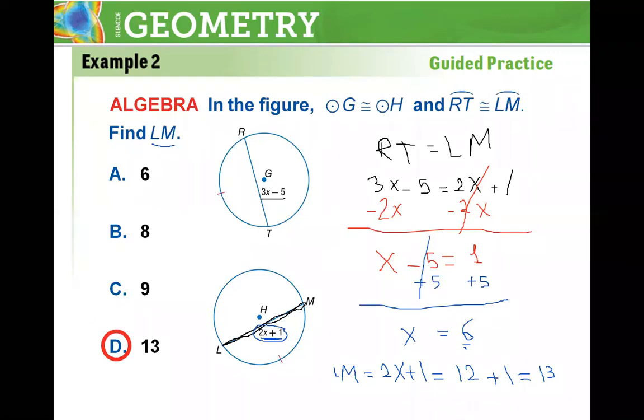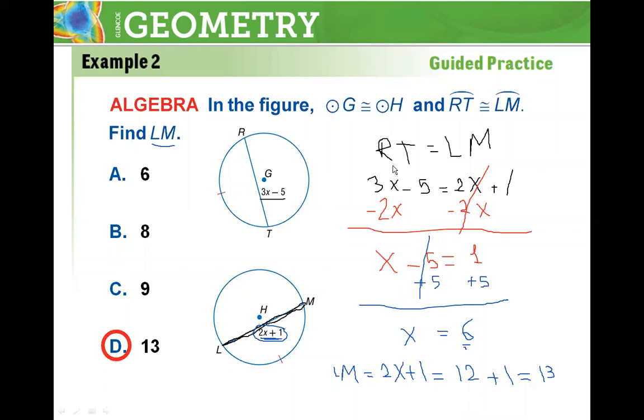We started the problem with the previous theorem. The theorem says that if we have two congruent circles, or the same circle, and the measures of two arcs are equal, the corresponding chords are also equal or congruent.